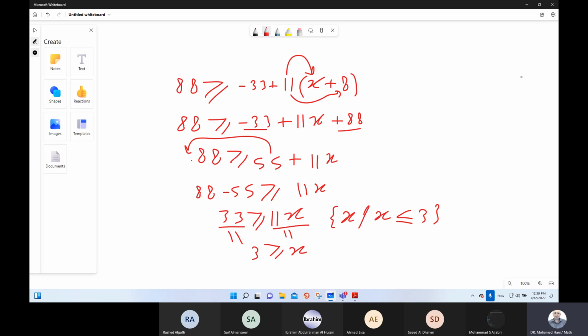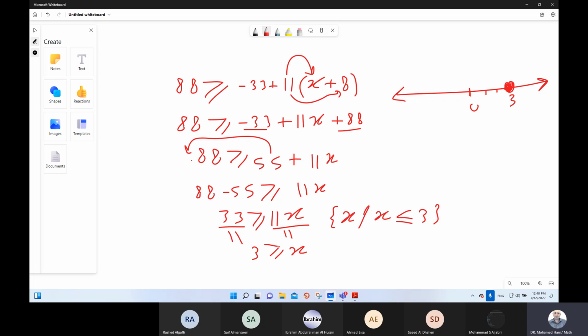Then we want to graph this inequality. Represent the 0 in the middle. Then represent the 3. This is 1, 2, 3. Then as you see, we have equal in the sign, so that means a shaded circle.